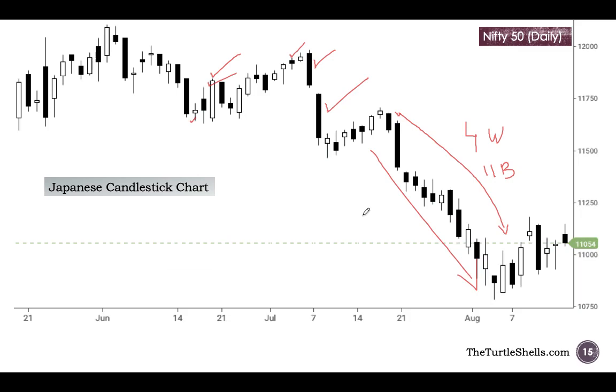So you can have multiple shapes of shadows, you can have multiple lengths of shadows and bodies. So depending on these lengths and shapes, we can identify different patterns in the market, which will give us more insights into the market.